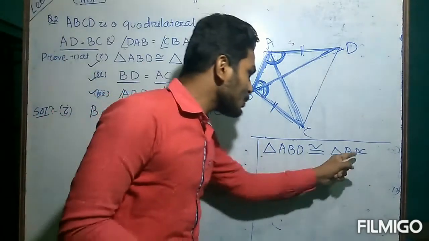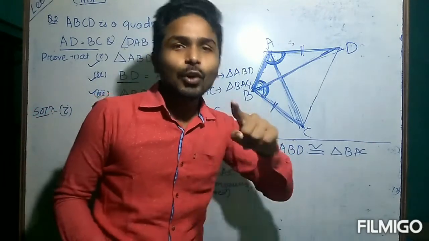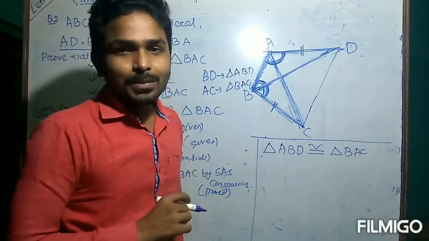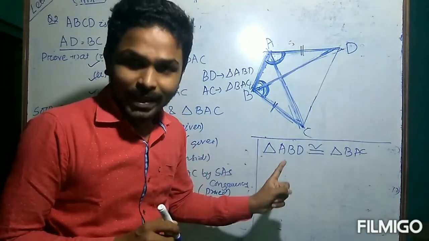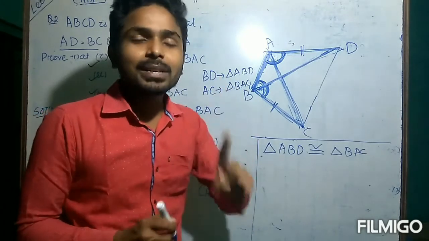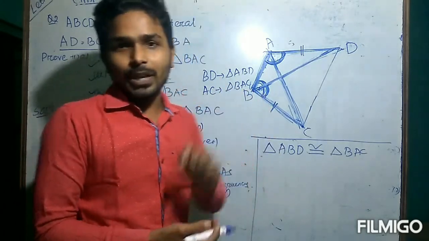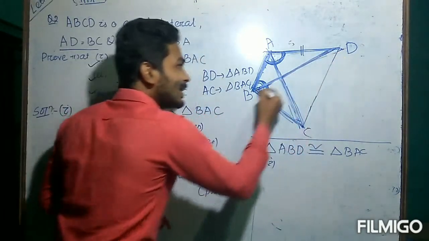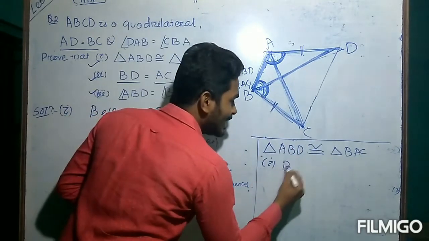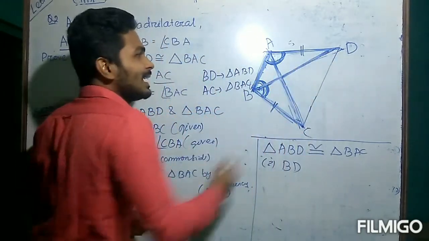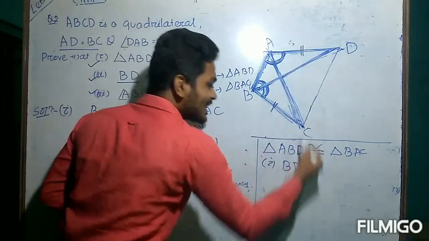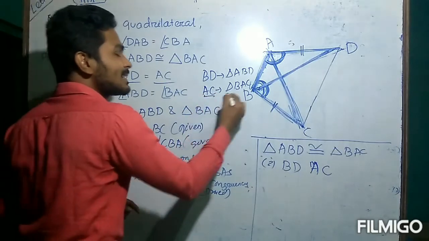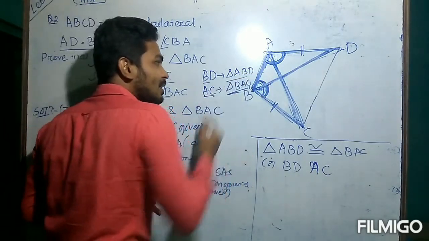So AC is also a side of BAC triangle. And we have proved that these two triangles are congruent. And now remind the axiom 7.2. According to axiom 7.2, if two triangles are congruent, then their sides must be equal. Their angles must be equal. So can we write that this side, that means BD of this triangle is equal to this side, means AC of this triangle, because AC is a side of this triangle and BD is a side of this triangle.